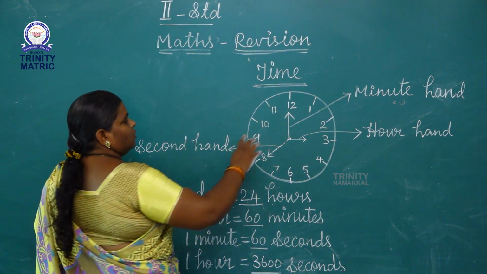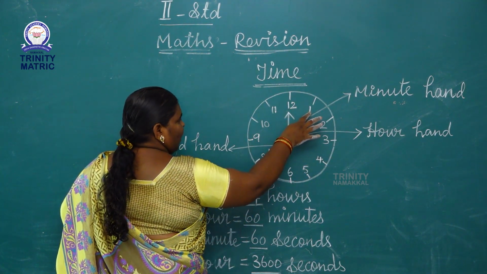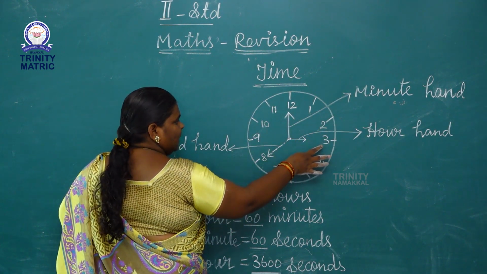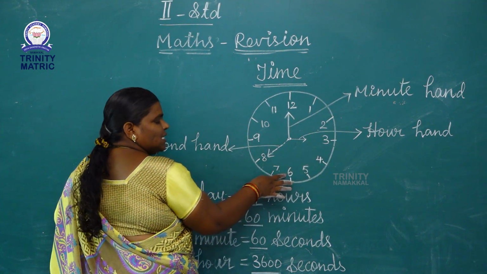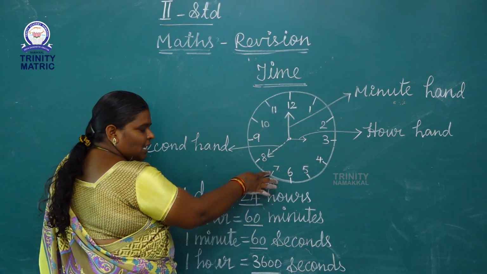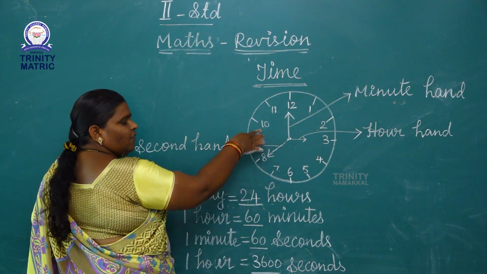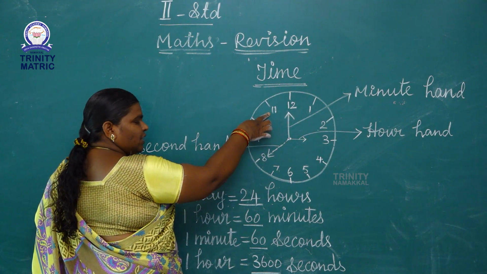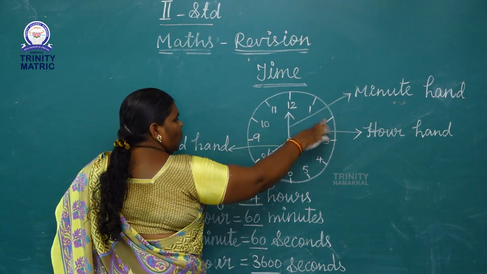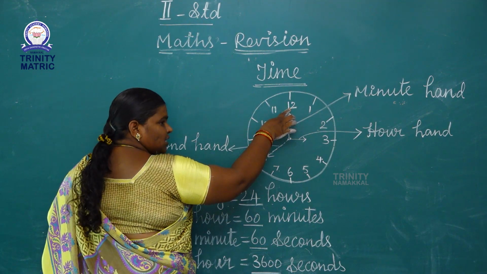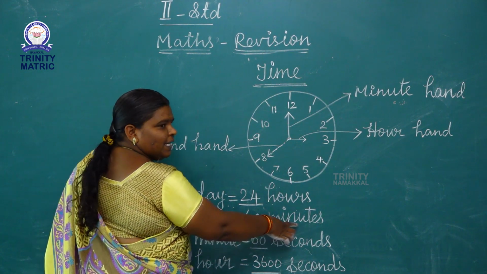When the big hand rotates 1 time, how many minutes? 1 5 is 5, 2 5s are 10, 3 5s are 15, 4 5s are 20, 5 5s are 25, 6 5s are 30, 7 5s are 35, 8 5s are 40, 9 5s are 45, 10 5s are 50, 11 5s are 55, 12 5s are 60. So 1 hour equals 60 minutes.